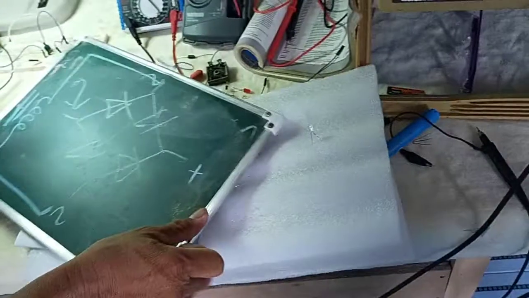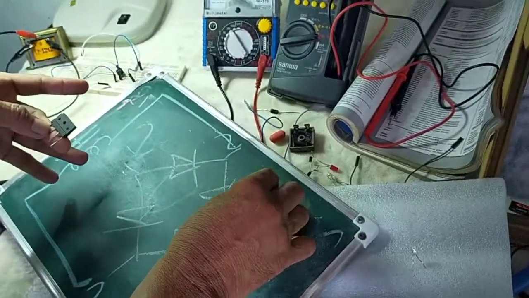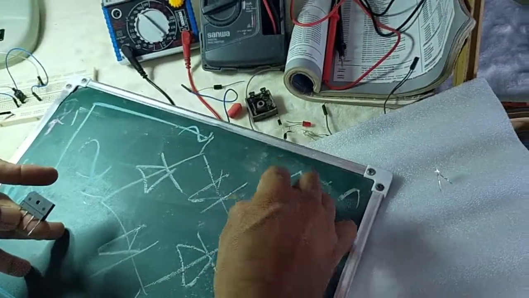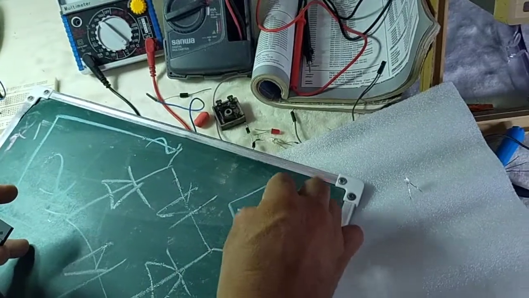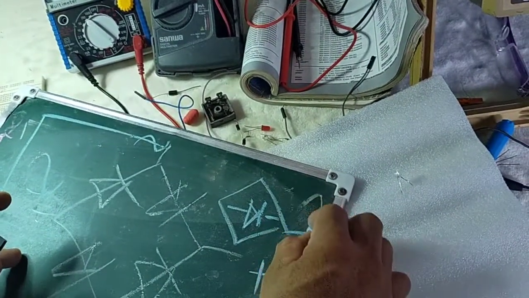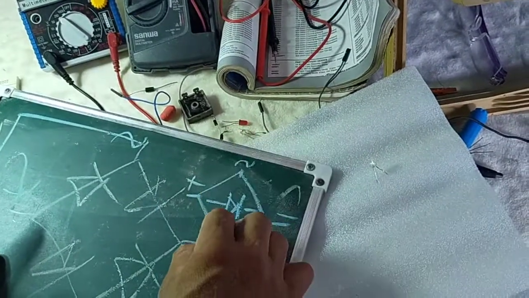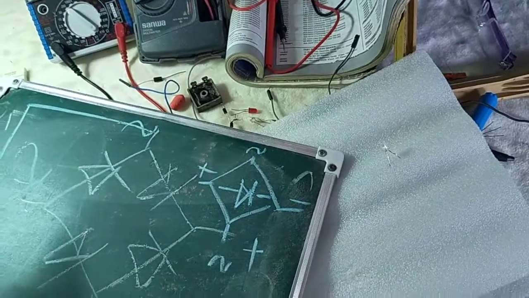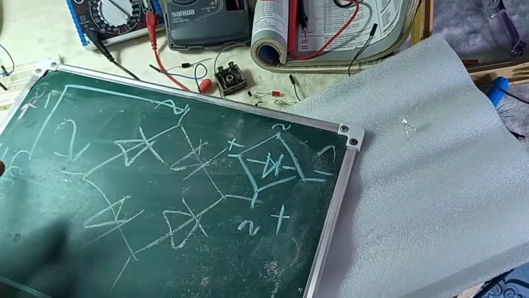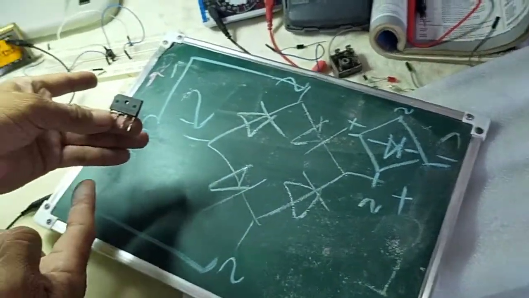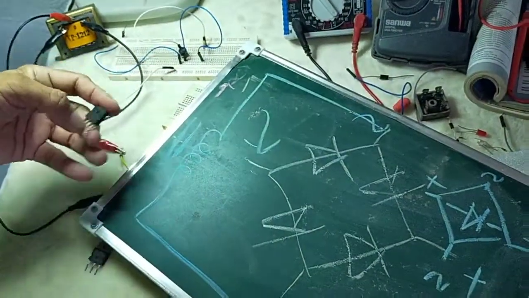But in an actual circuit, the symbol for bridge rectifier goes like this. Just like this. This is negative. This is positive. This is the AC line. That should be the actual symbol of a bridge rectifier. No? Okay.